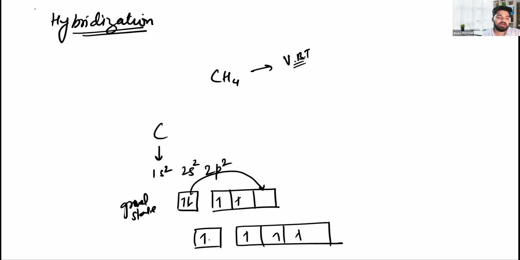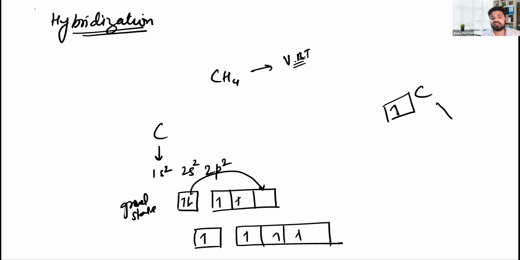Now here the hydrogen is going to make bonds. If we draw the carbon atom, this shell is 2s, having one electron.